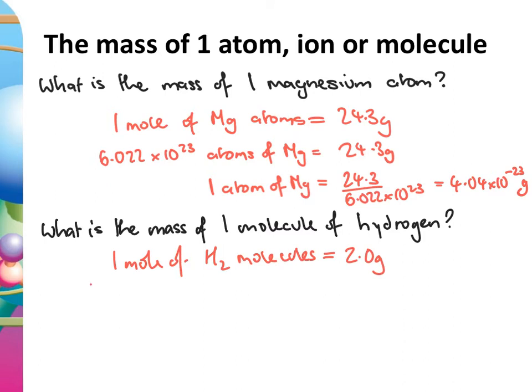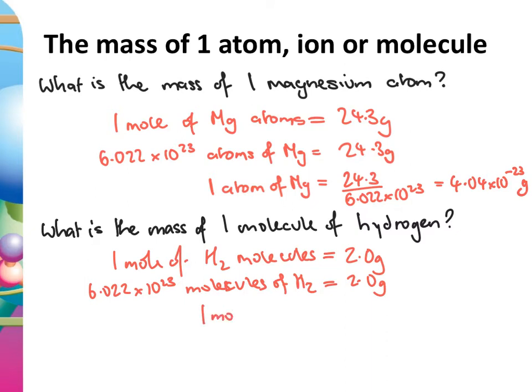So that means we have 6.022 times 10 to the 23 molecules of hydrogen, and they have a mass of 2.0 grams. Therefore, if we want to know what the mass of 1 molecule of hydrogen is, we've got to divide both sides by Avogadro's number.